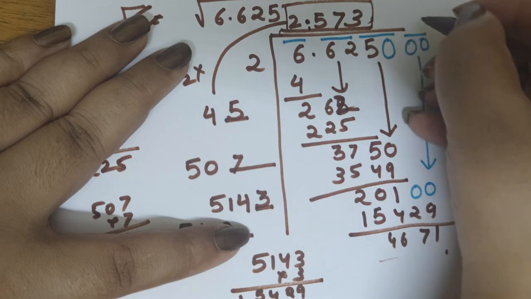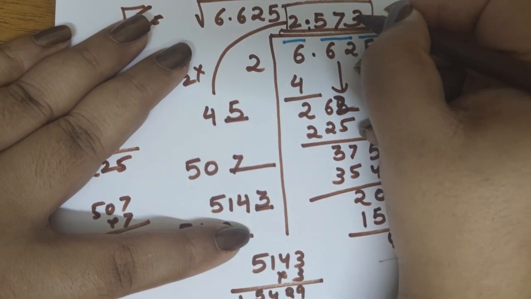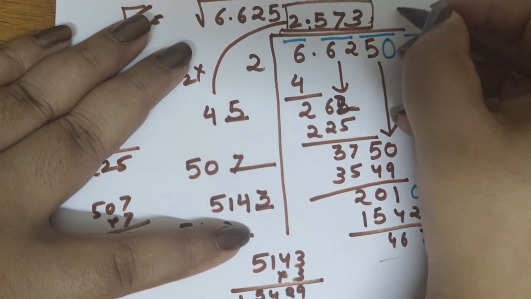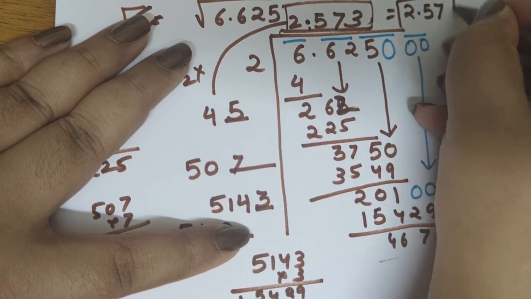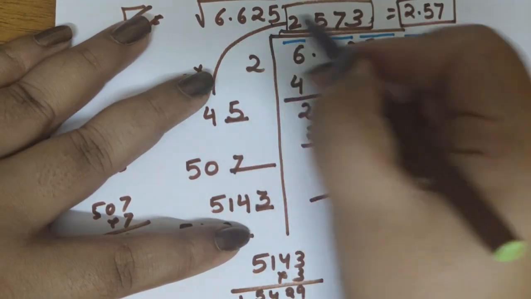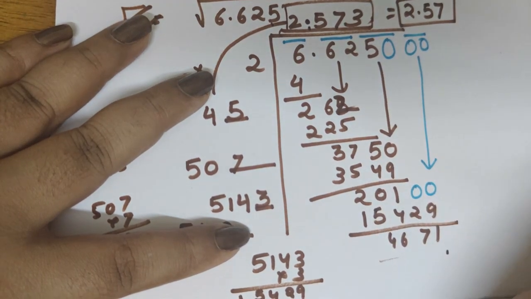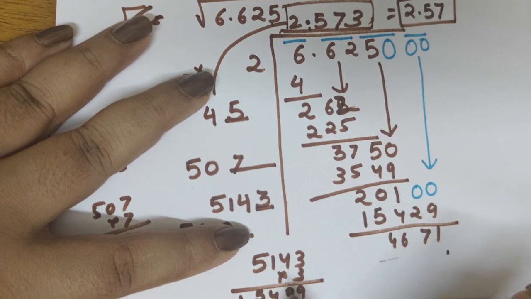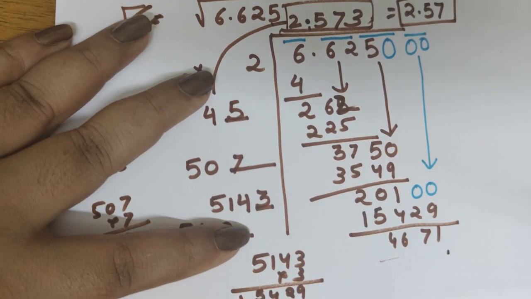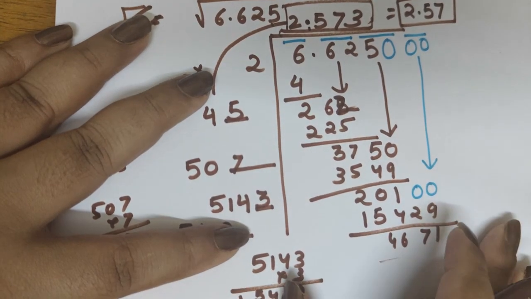So we will just take this one. Since it's less than 5, after rounding off we will get the number. Okay, so the square root of this is 2.57. Hope this is clear. Please let me know if it's very confusing or if you are stuck somewhere. I will help you out with it.